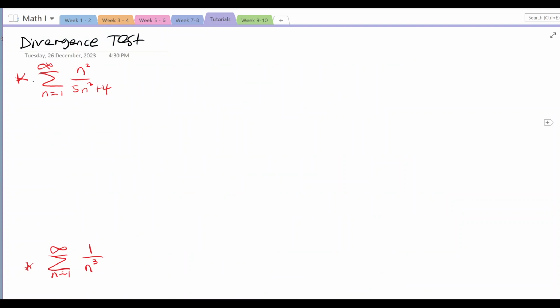So again, by using the divergent test, we can check the limit of this series above. So write down the formula, the limit. Sorry about that, let me just use red color. Okay, divergent test.